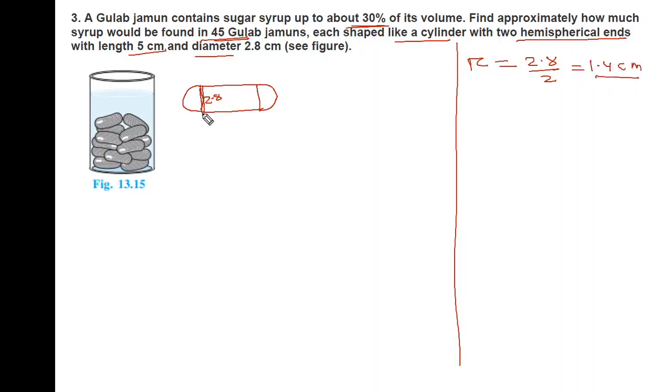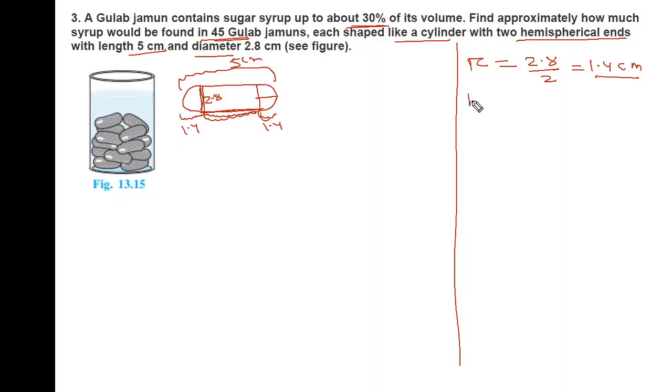Now you have this cylinder, this is the cylinder. Now you can find the length or height of the cylinder. Here you have this length, the radius is 1.4. Here this is also the radius, this one is also 1.4. So what we have to find? We have to find the height of the cylinder, and it is also given that the total length is 5 cm.